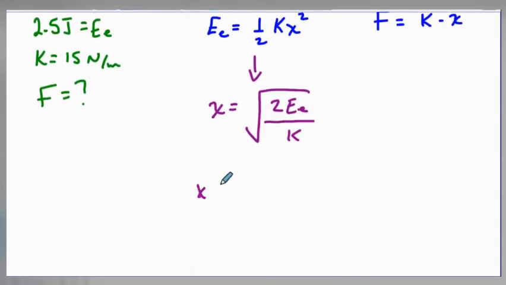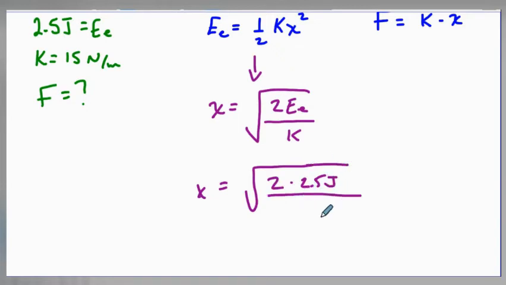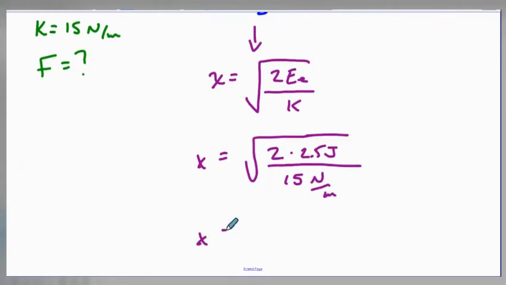Okay, so x is the square root of 2 times 2.5 joules divided by 15 newtons per meter. So 2.5 times 2, that's 5. And 5 divided by 15, wow, this is a third. That's going to be the square root of a third.